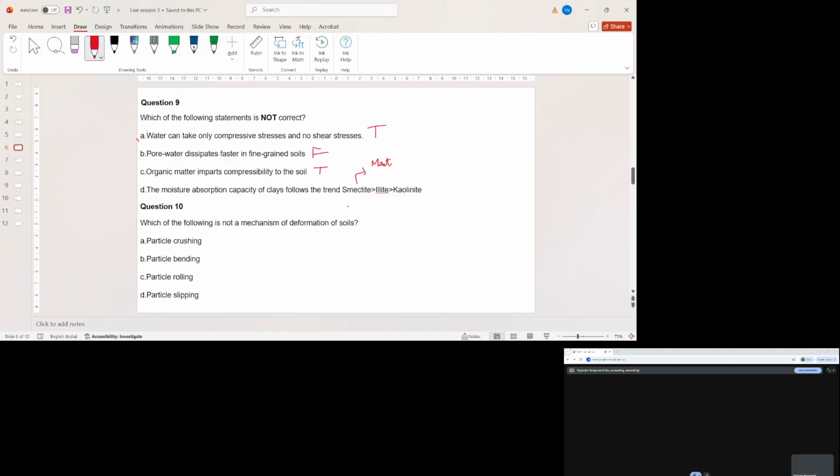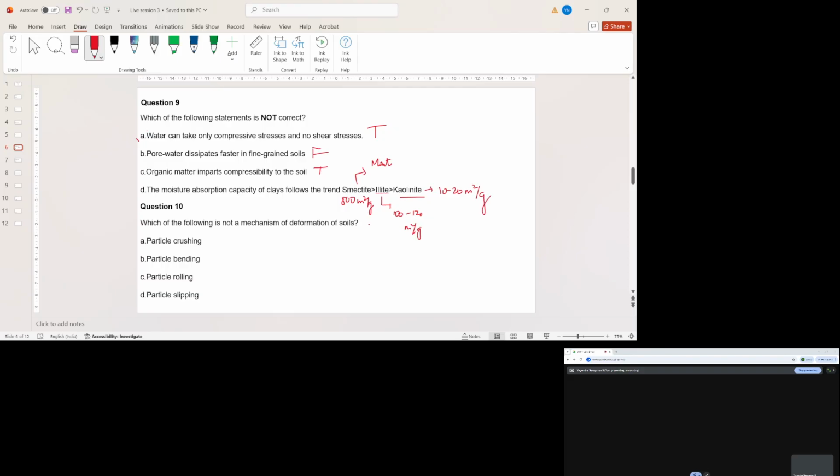The specific surface area of smectite is around 800 meter square per gram, illite is 100 to 120 meter square per gram, and kaolinite is around 10 to 20 meter square per gram.